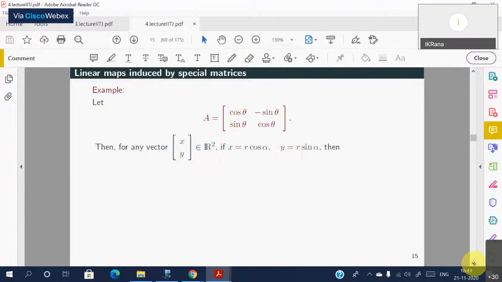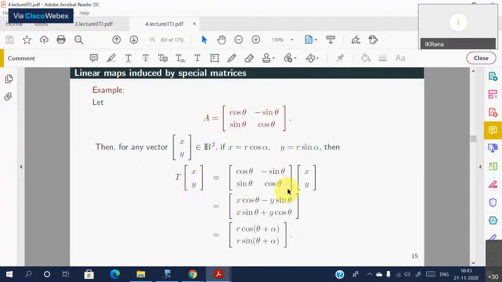Putting x as r cos alpha and y as r sin alpha, T of x, y becomes r cos of theta plus alpha, r sin of theta plus alpha, using trigonometric identities. That means r remains the same, and it is only rotating the angle by an angle theta. So this matrix induces a linear transformation which is a rotation.